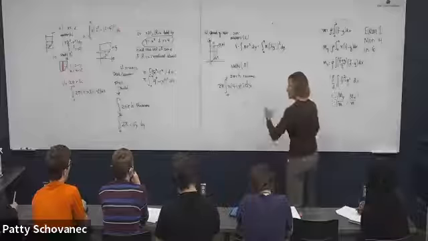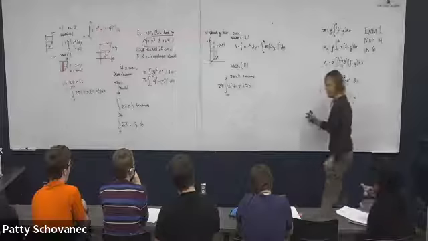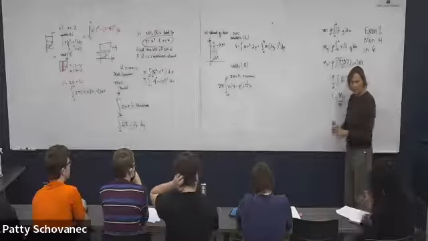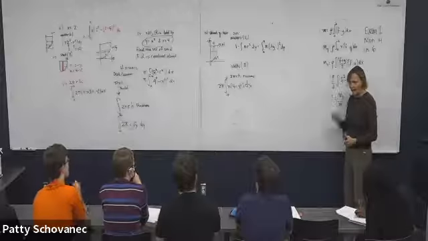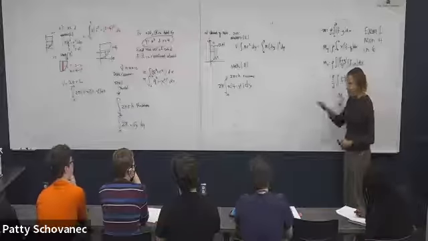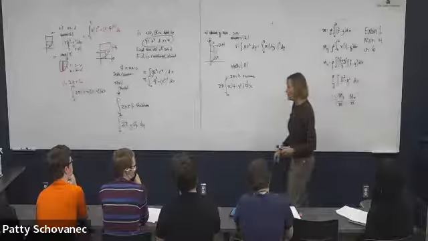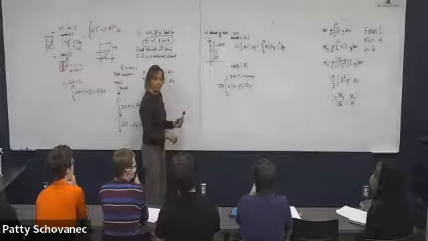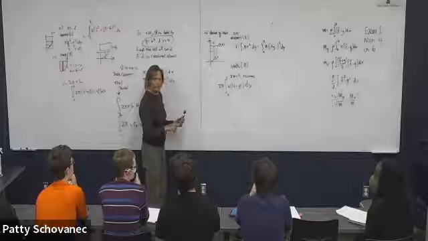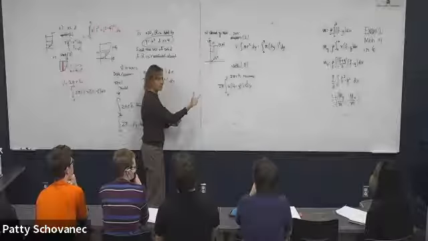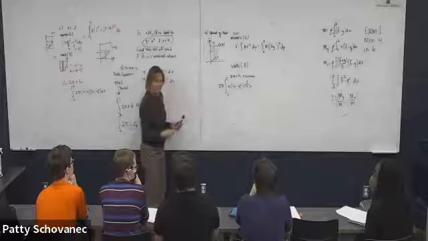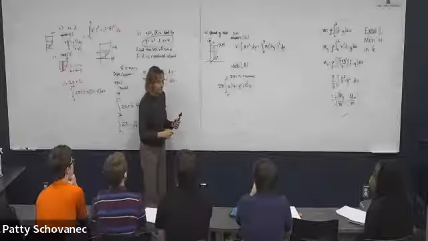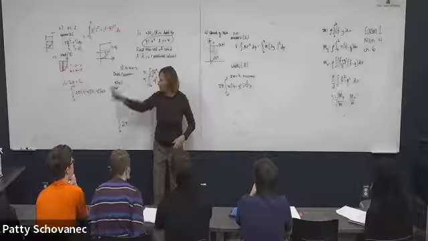Okay, so if your region is here, and your axis of revolution is here, that's axis of revolution minus X. If your region is there, and your axis of revolution is away from the y-axis, your radius is X plus my distance. Same thing here with this one.